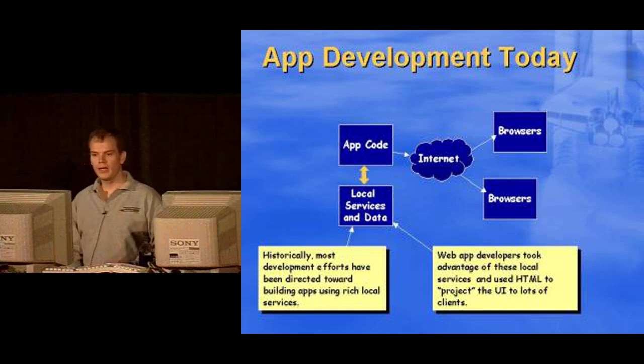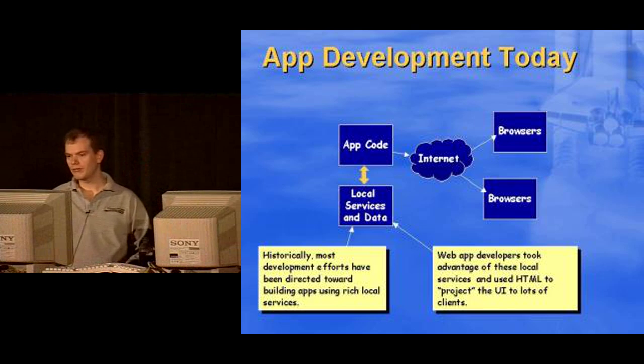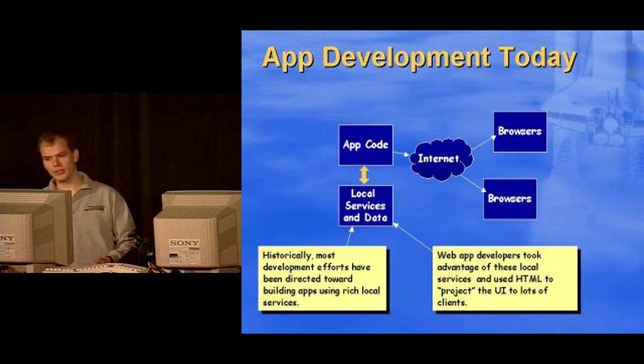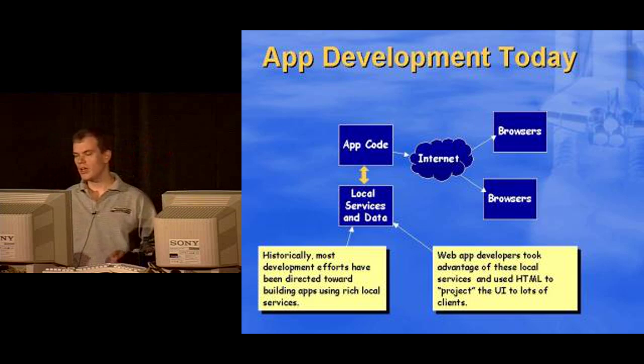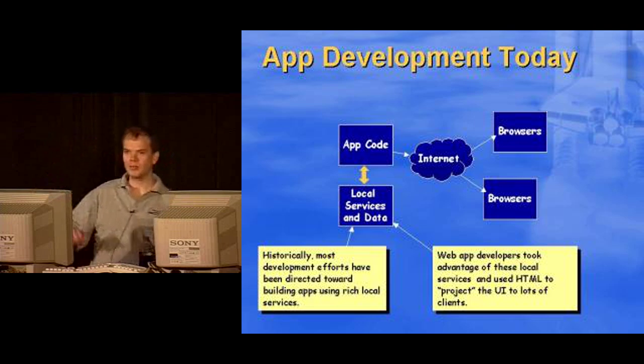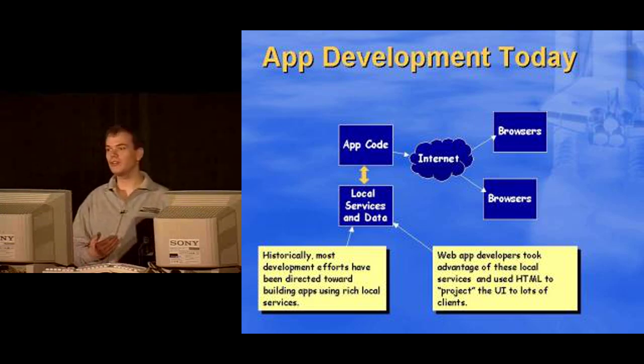And what's interesting is that it's actually an extension of this same model of programming against local services and then projecting that user interface to a browser, which turns out to be a very rich way of receiving, especially forms-based information. Now, one of the reasons that the web really took off, and one of the reasons that we find it so interesting, is that the declarative programming model represented by HTML makes developers incredibly productive for some of the more mundane things like drawing text boxes and submit buttons and pushing text out to people, basically forms-based interaction.